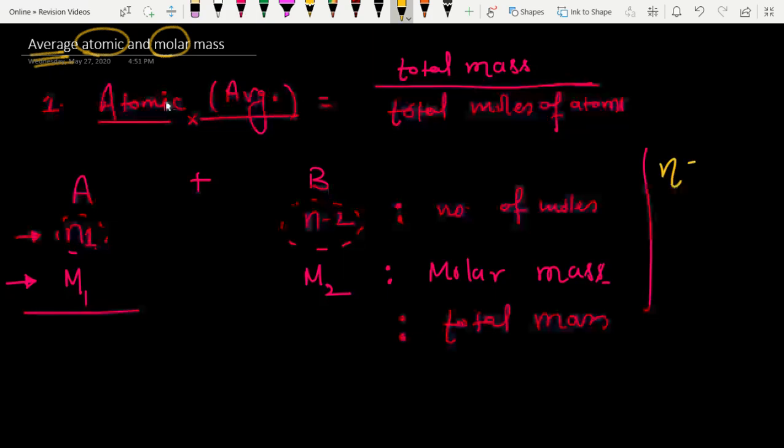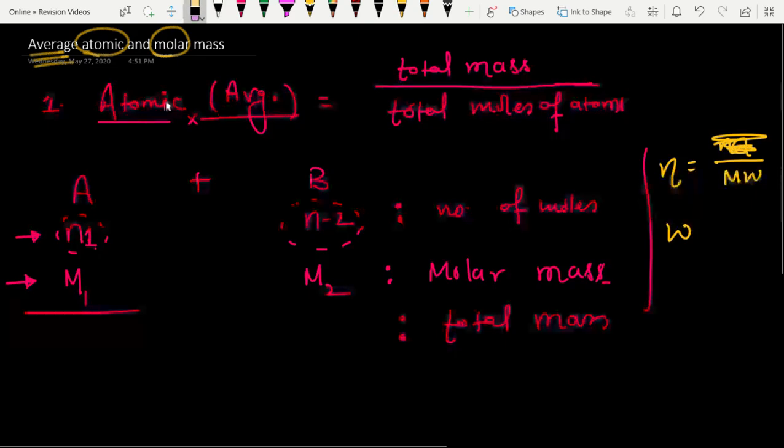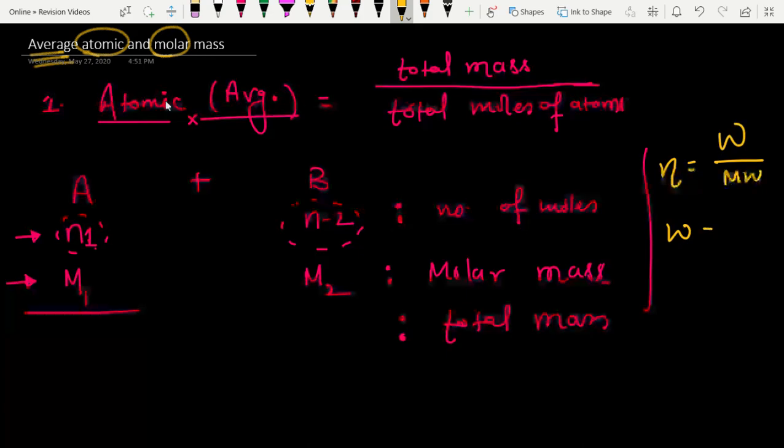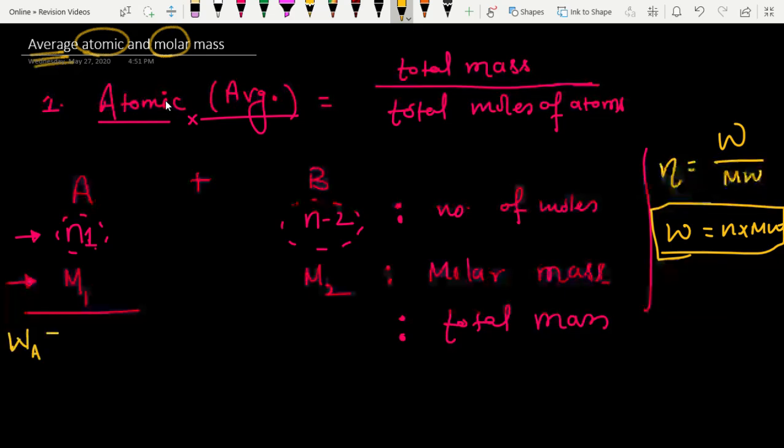We discussed in an earlier lecture that moles is equal to mass given upon molar weight. The mass given, which we also call weight in common language in chemistry, is the number of moles into the molar weight of the substance. So the weight of this sample, let's call it WA, will be equal to N1 into M1.